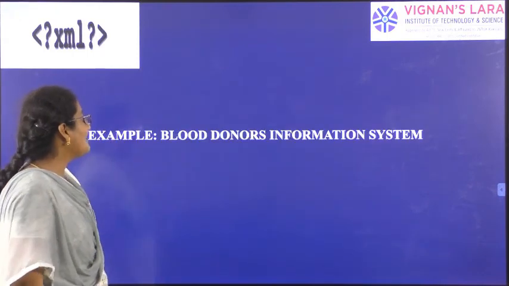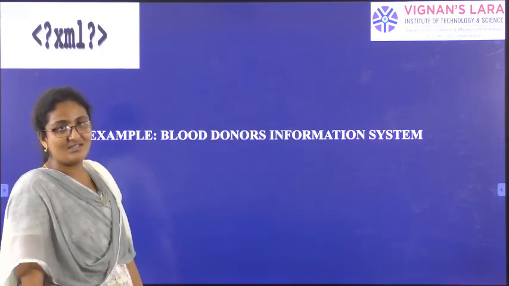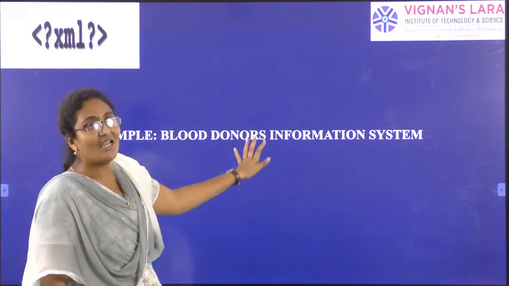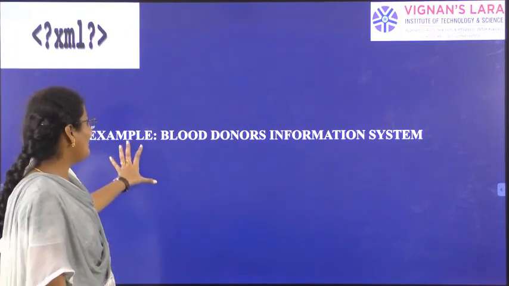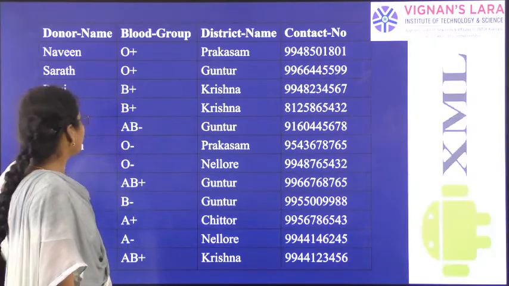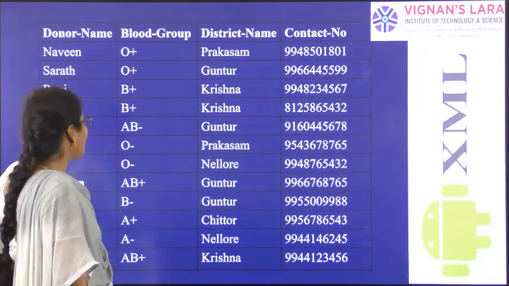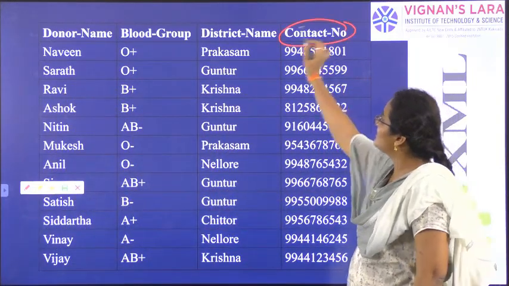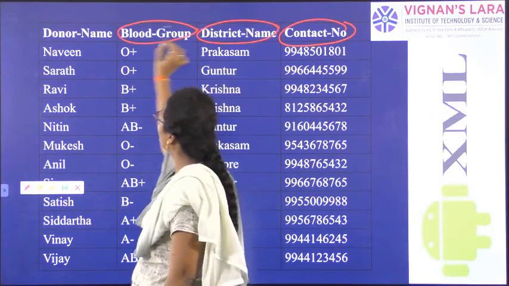I am taking the example of a blood donors information system. For writing an XML program we need to have some data in the database. Now I am maintaining the data of blood donors. If you see here, these are the people, with contact number, district name, blood group, donor name.